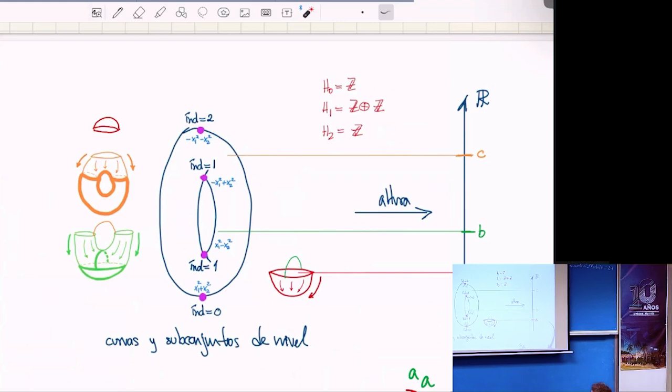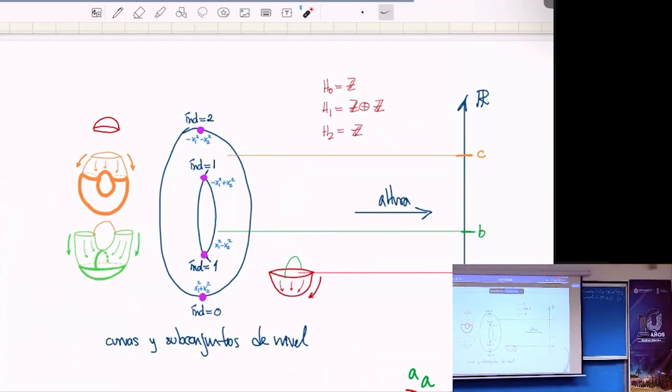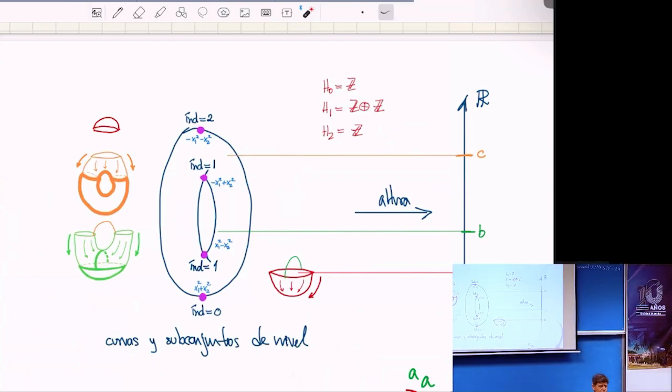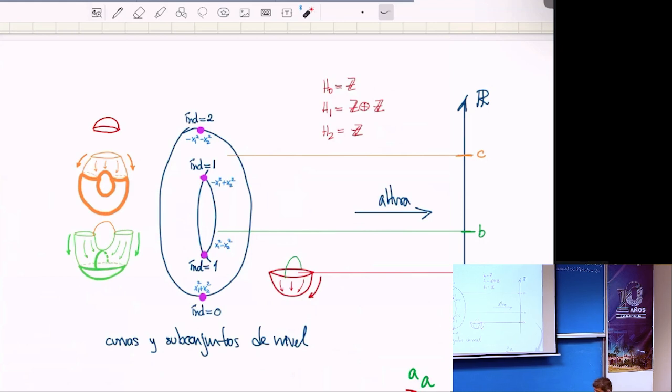And, well, one can introduce the index of this point. And what is the index? You can think of a little chart around these points and essentially look at how this function behaves in the neighborhood of this point.